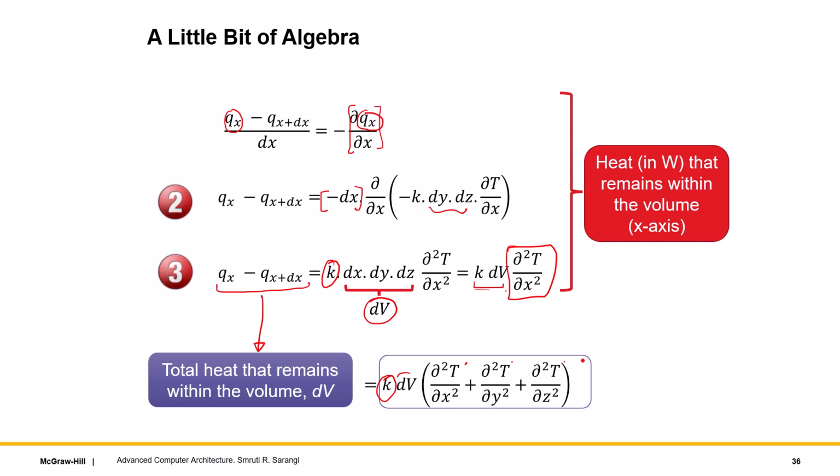Thermal energy, unlike electromagnetic energy, does not have any kind of destructive interference. It simply adds, right? So that's the second law of thermodynamics. Because of this addition, we are adding them. So this is the total temperature derivative, and this amount of heat is remaining within the volume.